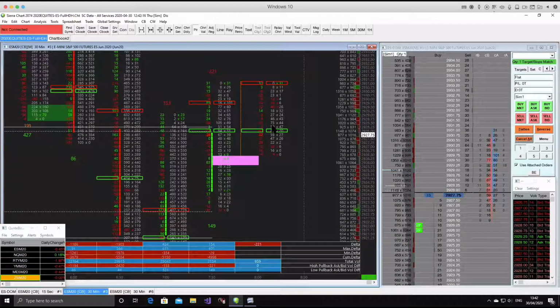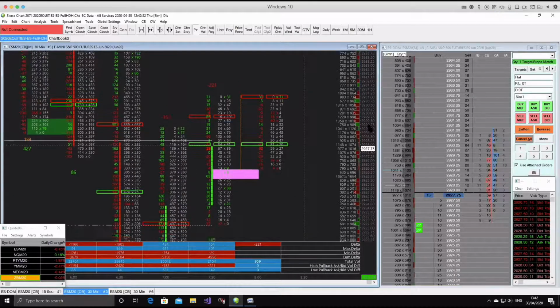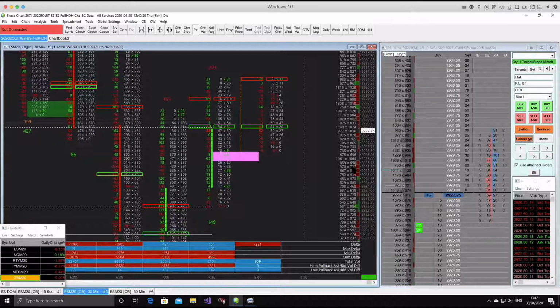So here's a chart book, a 30-minute footprint of ES. I've got a DOM here, just happen to be playing with what screen layout is going to be good for ongoing clinics, where we can look at the DOM and also look at footprints. So what I've configured here in Sierra Chart is known as the pullback column.